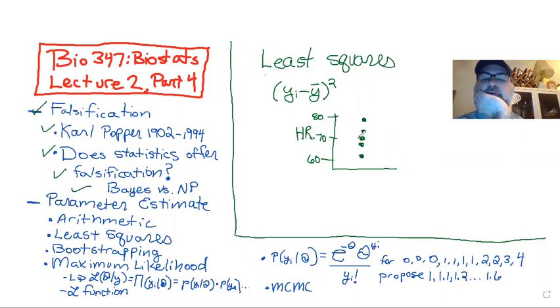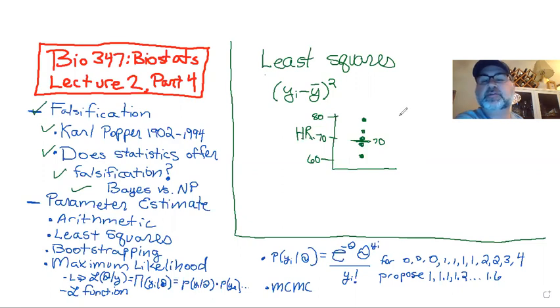Another thing we can do is propose a mean, and we'll say 70. And then what you do is, if we want to calculate it, we would have each observation, right?